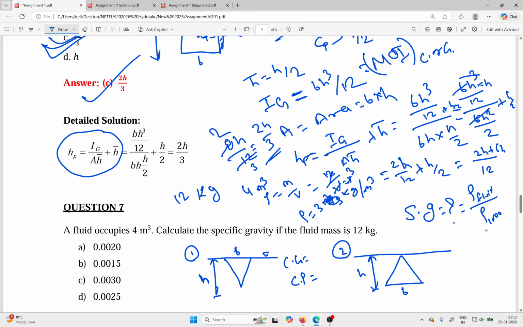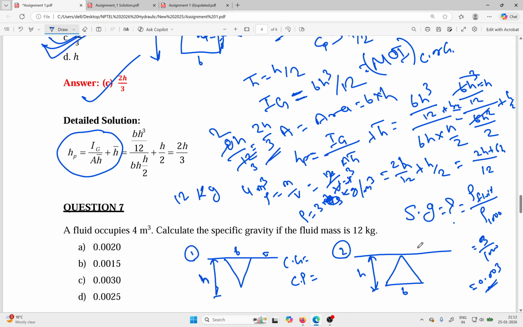So water density is 1000. So 3 divided by 1000, so this will be your 0.003. So this is your final answer for question number 7. Specific gravity is dimensionless, no unit, because you are dividing density by density.